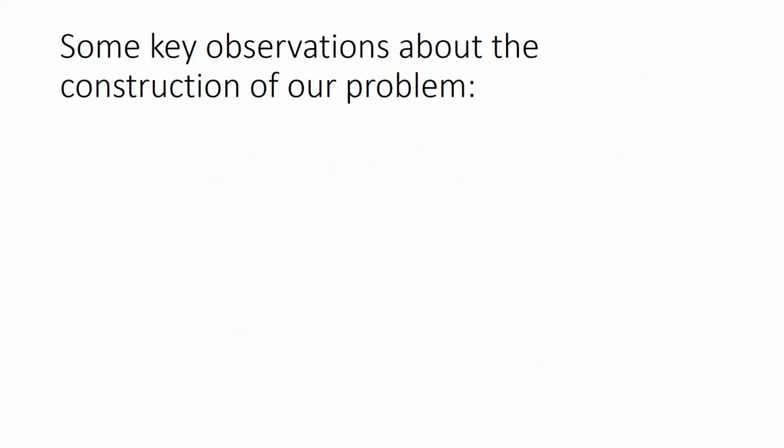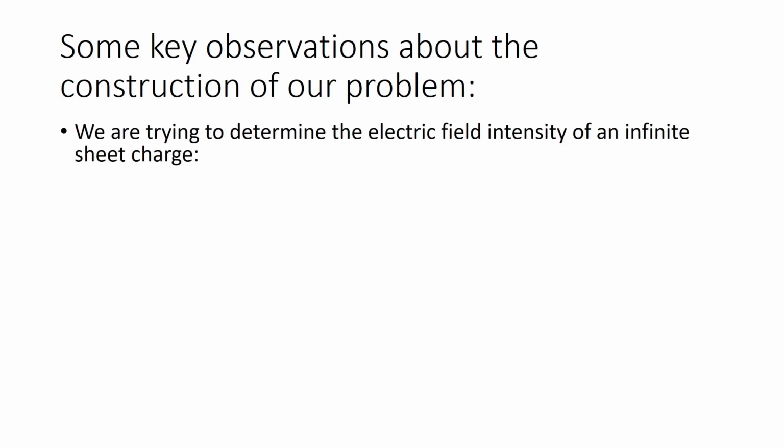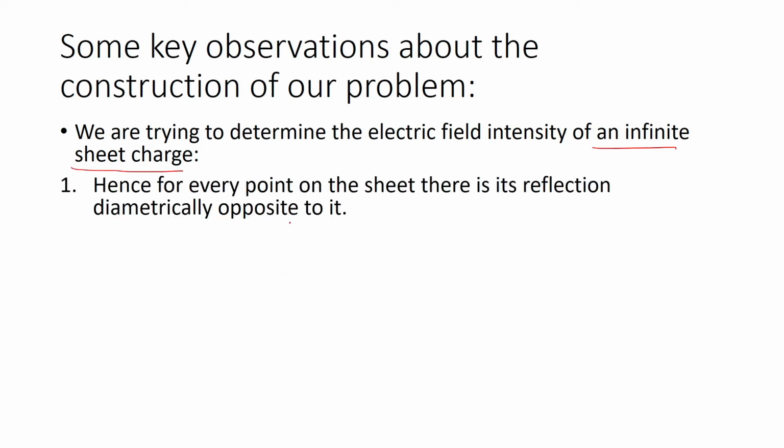Let us see some key observations we can make about the construction of our problem. Please remember that we are trying to determine the electric field intensity because of an infinite sheet of charge. For an infinite sheet of charge, you cannot draw a point which does not have its reflection.